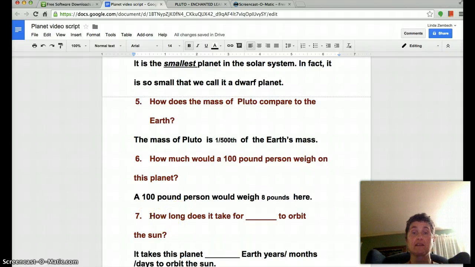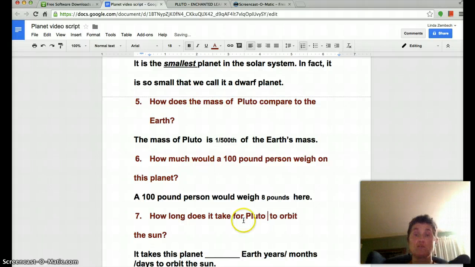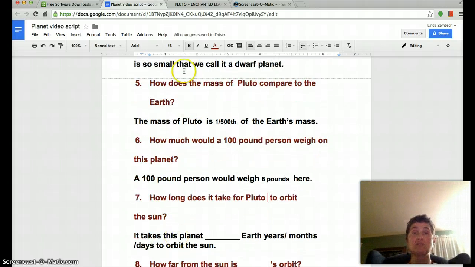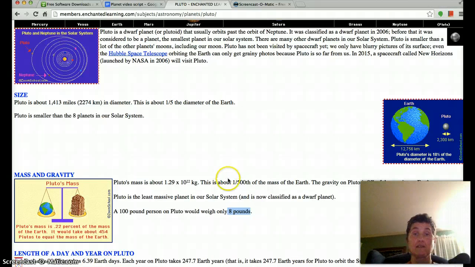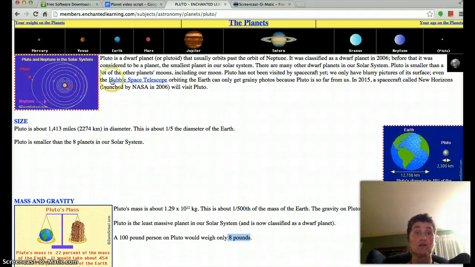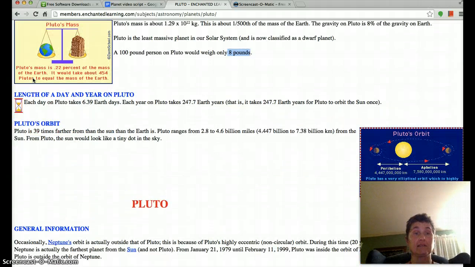Number 7. How long does it take for Pluto to orbit the Sun? So how much time does it take for Pluto to go all the way around the Sun one time? Let's see.